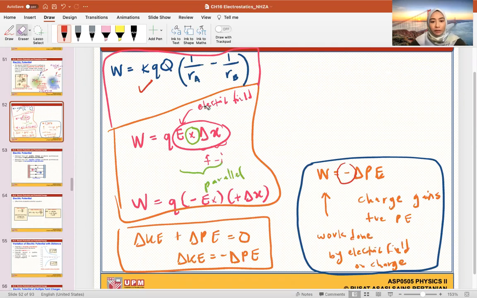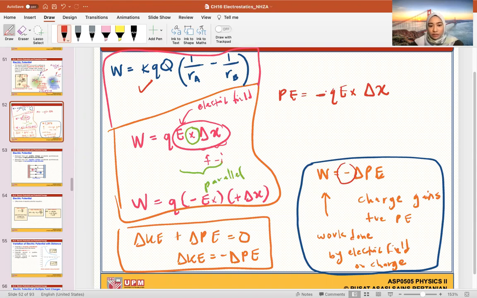Okay, so we have our equation W equals QEx delta x, and we have our equation PE equals minus QEx delta x. Wow, this is so ugly. So this is our W, and this is our PE. There's a negative sign.